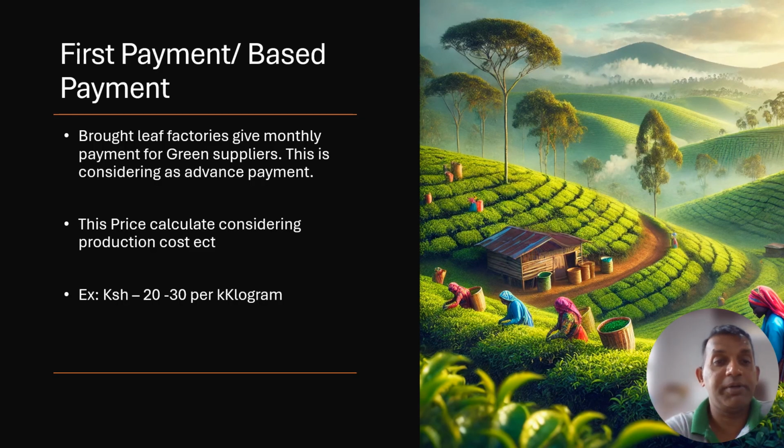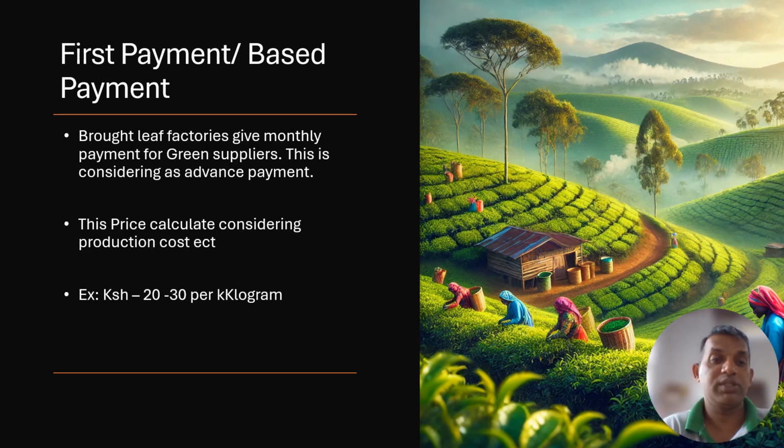Normally Kenya has two price systems for green leaf supply. One is the advance payment, the first or base advance payment, and the second one is the year-end bonus. This is how they calculate.